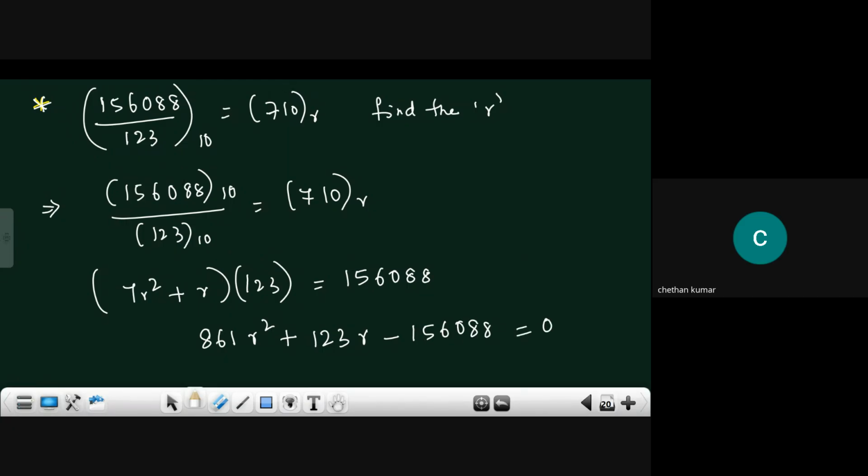This is in quadratic form, ax square plus bx plus c equal to 0. Then you can find out the roots. I think this kind of question we already solved, right? So you can find out the correct value of r. What is the value of r?